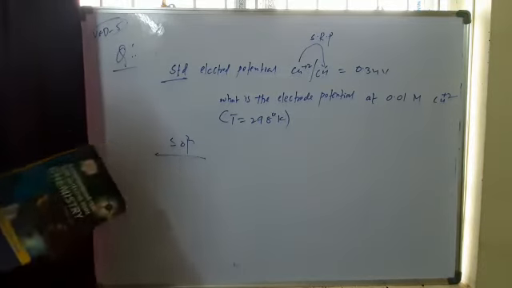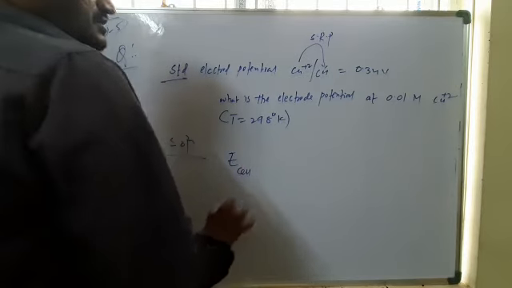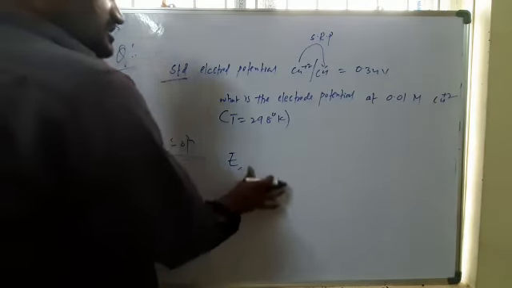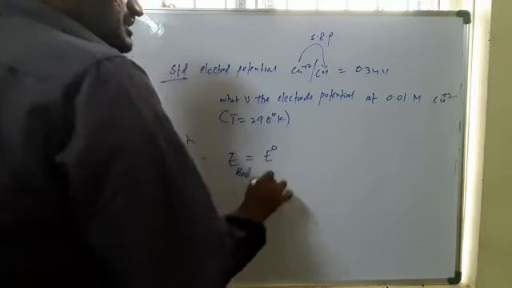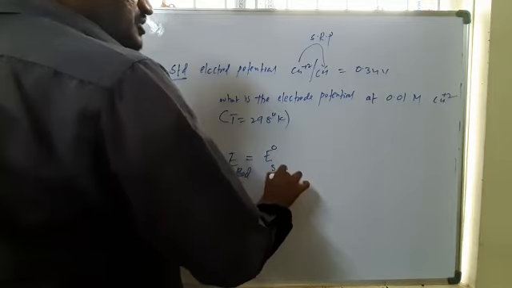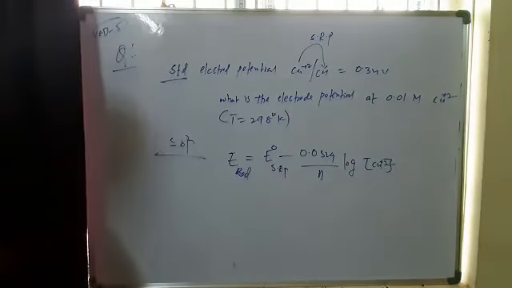So if the concentration changes to 0.01 moles per liter molarity, then what is the electrode potential? So the formula is: E reduction potential equals E naught, E naught is the standard reduction potential value, minus 0.0529 by n log concentration of the metal, copper plus 2.